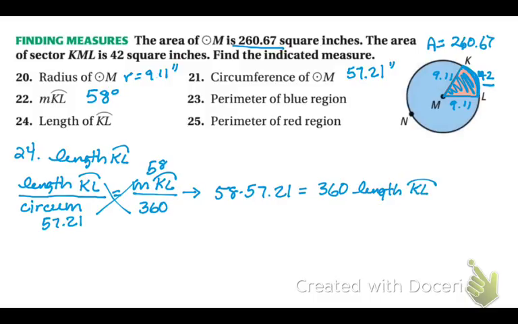And we work all that out, and we come up with the length is equal to 3,318.18 divided by 360, which is 9.22 inches.